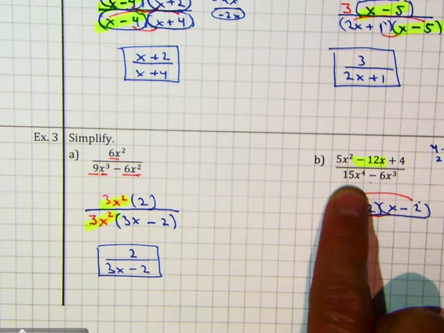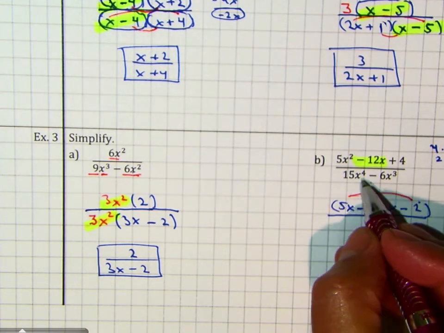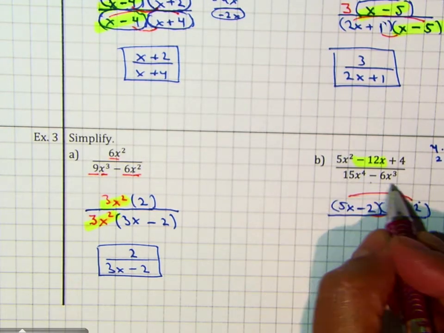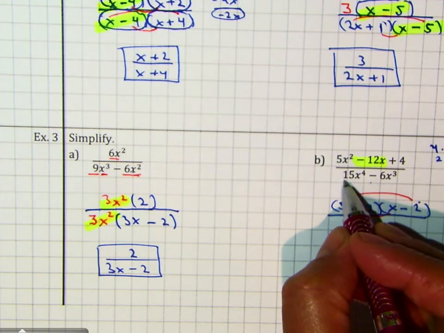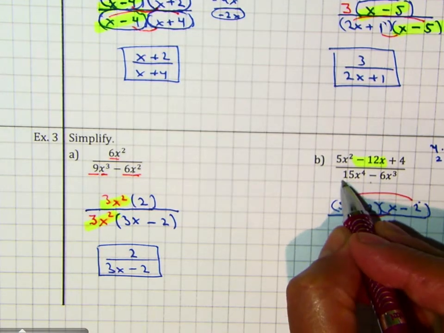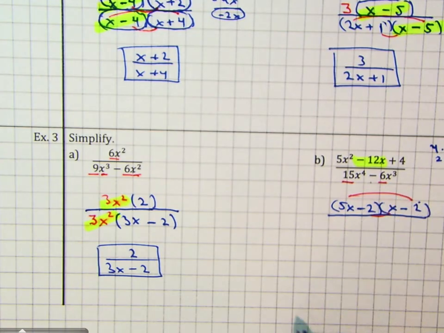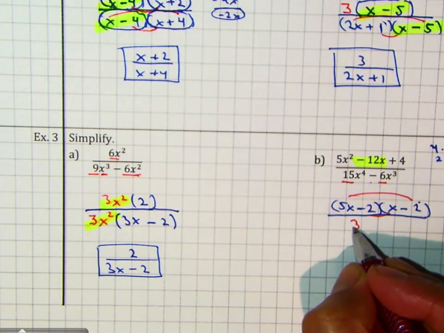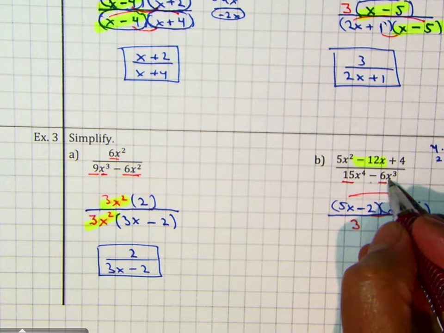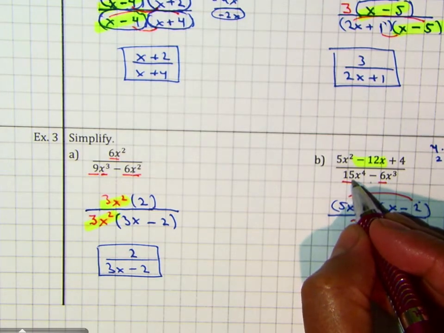Denominator. What can I factor out? It's a binomial, and I know it's not the difference of two squares because 15 is not a square. So I'm going to take out a common factor. What divides 15 and 6? I can take out a 3. X's: 3 and 4. How many can I take out? 3 of them.